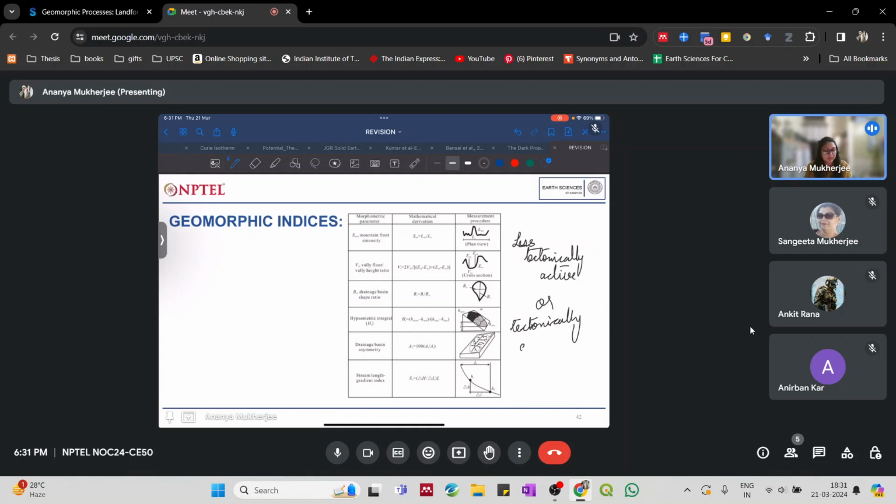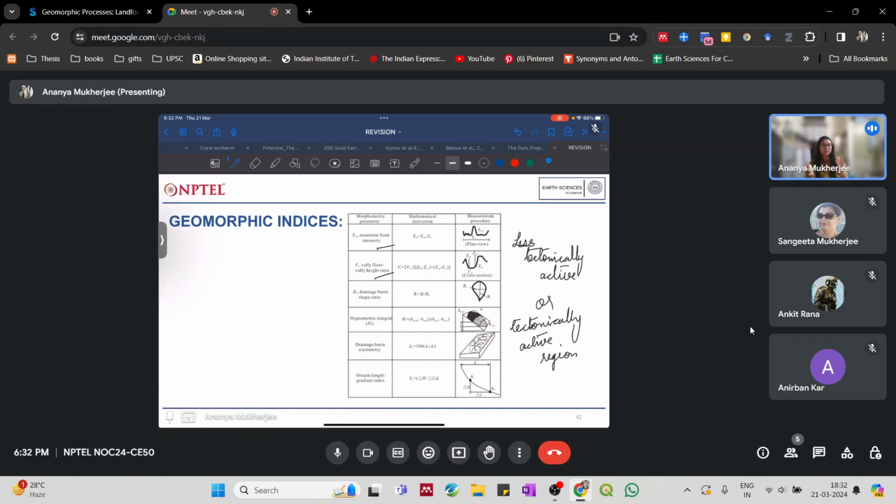So you have mountain front sinuosity, how sinuous the nature of the mountain front is. That can tell you whether it is mostly dominated by tectonics or whether other geomorphic processes are dominating over there. Also valley floor and valley height ratio, all these have been explained in the previous weekly class.